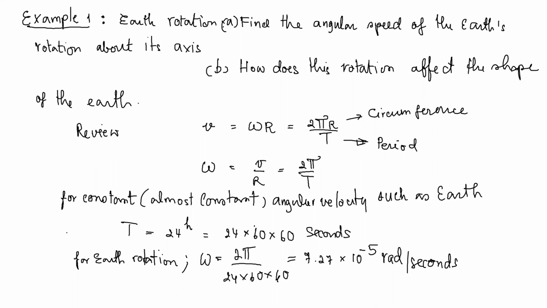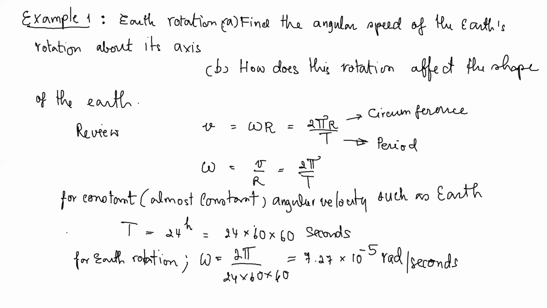So the Earth is rotated around this axis 24 hours a day. One revolution actually is not exactly 24 hours. The Earth is rotated around this axis one round in 23 hours, 56 minutes, and 4 seconds.